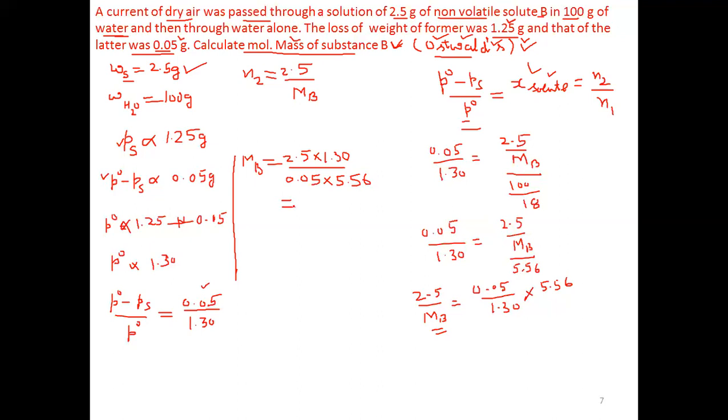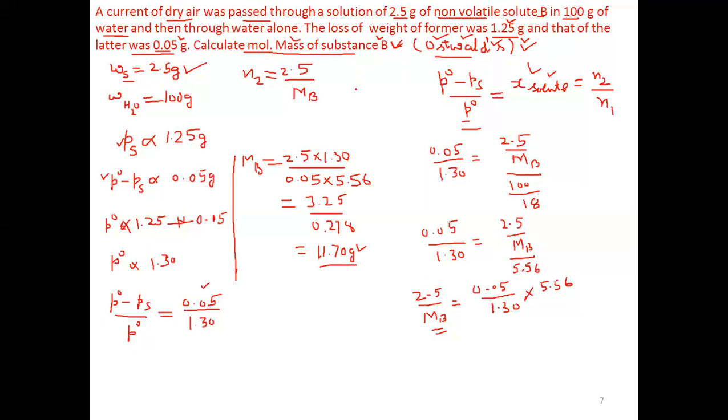Upon solving this, 2.5 into 1.30 is 3.25, divided by 0.05 multiplied by 5.56, which is 0.278. So 3.25 divided by 0.278 is something like 11.7 gram. So the result is 11.70 gram. This is the molecular weight of B.